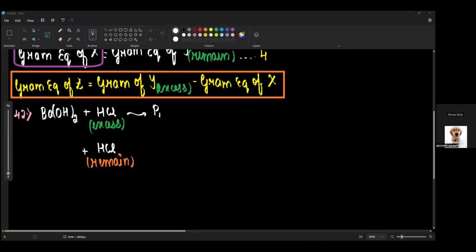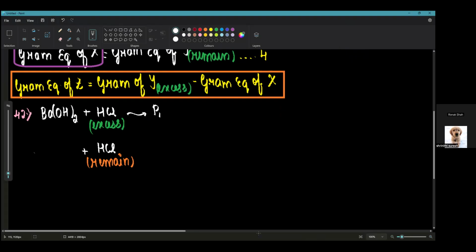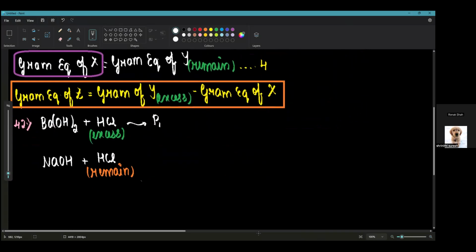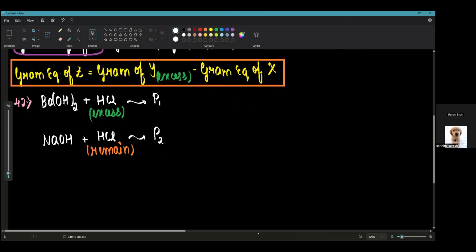NaOH, I guess, correct? Yes, that is treated with NaOH. So in our case, if you take our example, NaOH is nothing but X, and product P2 is formed. If you use the final formula, which I have put in an orange box, what does that final formula tell us?